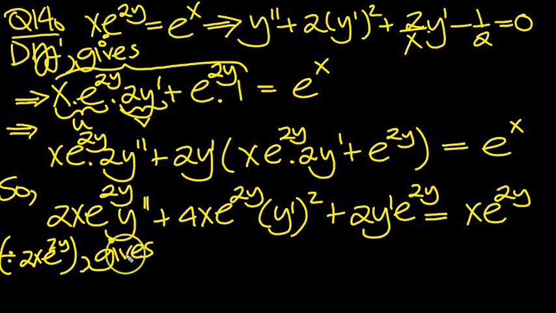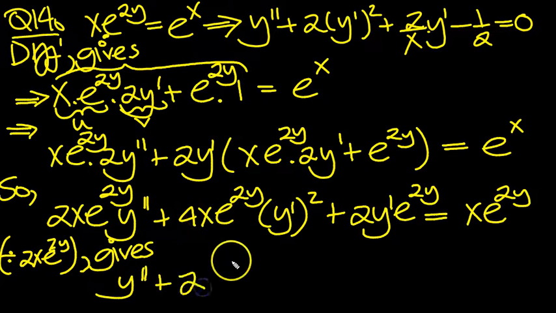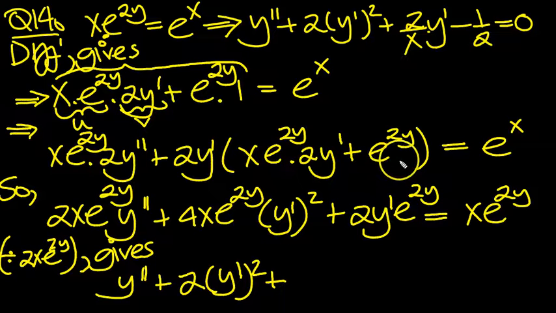So divide this, we just get y double dashed here, plus 2x leaves 2, y dashed squared, plus, and divide by 2, we just get, oh hang on, y dashed, there's a 4 here somewhere, there's a 2, anything wrong with that? No, that's fine.